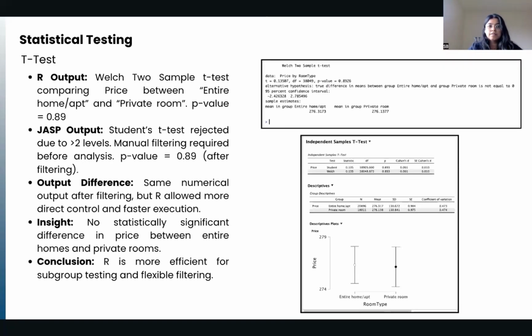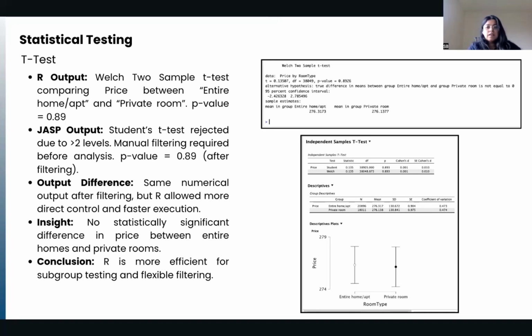Next, I performed statistical testing, that is a t-test to compare the average price between entire homes and private rooms. In R, I filtered and ran the test in one step, which returned a p-value of 0.89, meaning there is no significant difference between them.